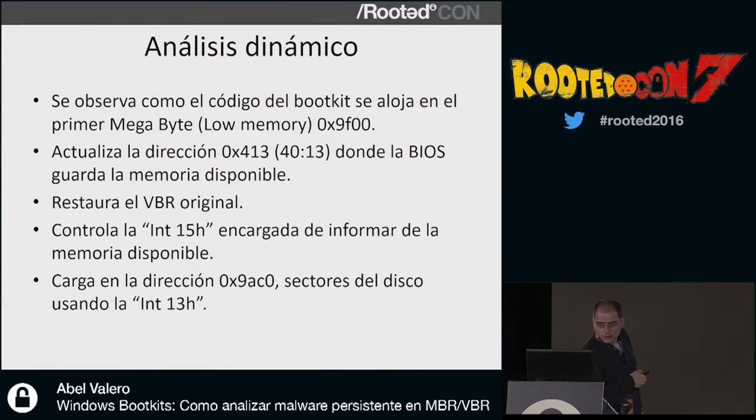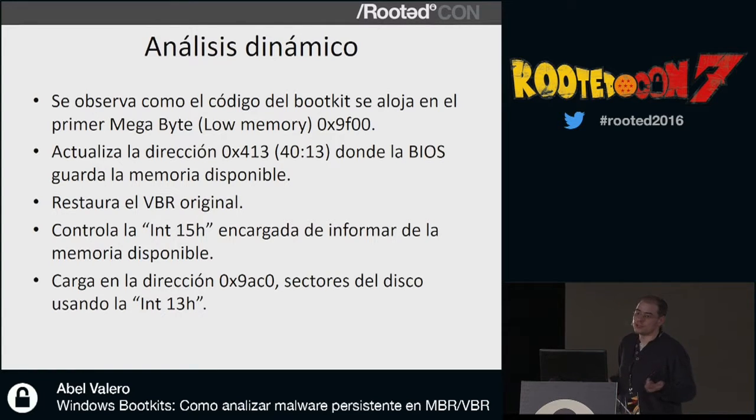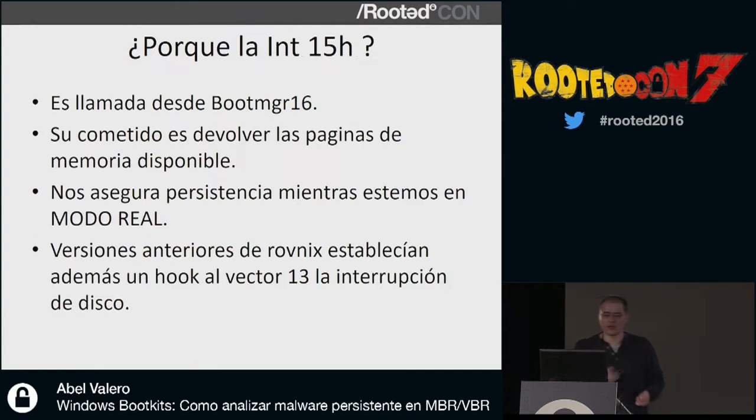Give me a second. In everything we've seen so far, we've seen how the BootKit is stored in 9F00. It updates address 413. It controls interrupt number 15, and then it uses that address 9AC0. This is just a driver. It will be injected into Windows.